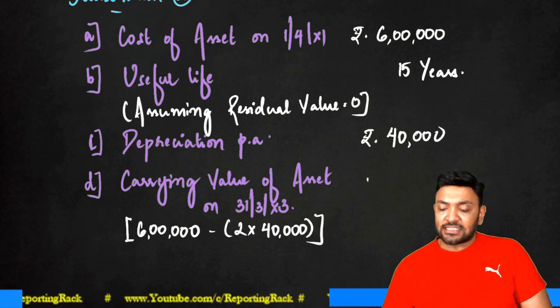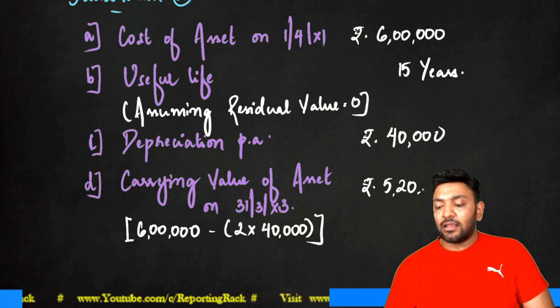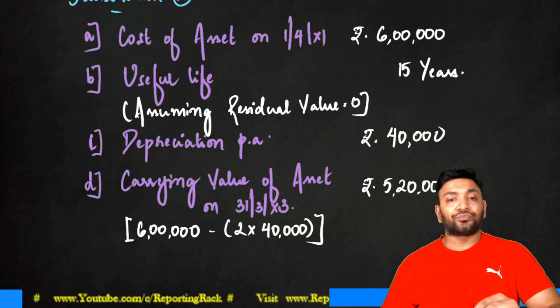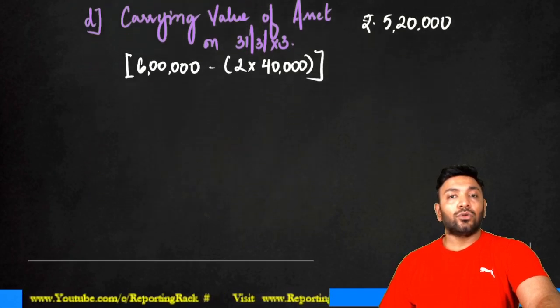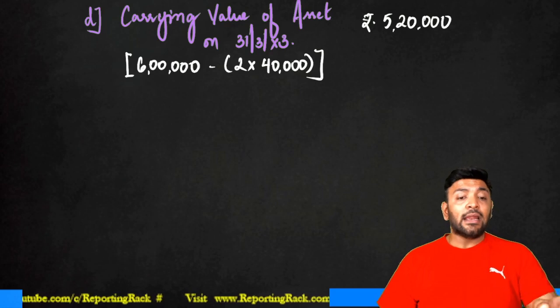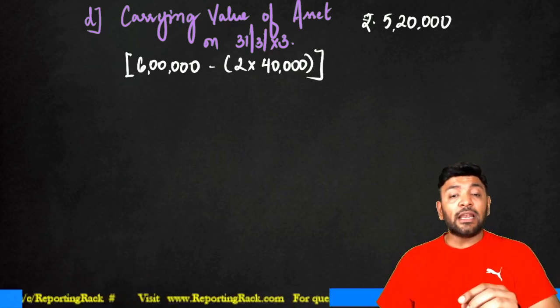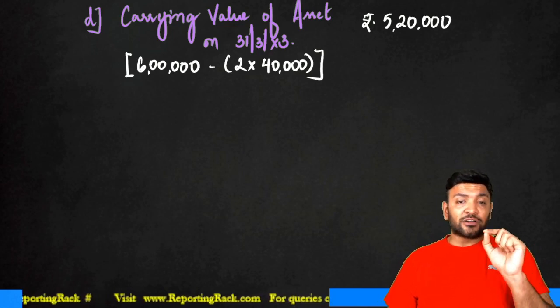Therefore, the value of the asset on the date of classifying it as held for sale is 5,20,000. On the day when the carrying value of the asset was 5,20,000, it has now been classified as held for sale.